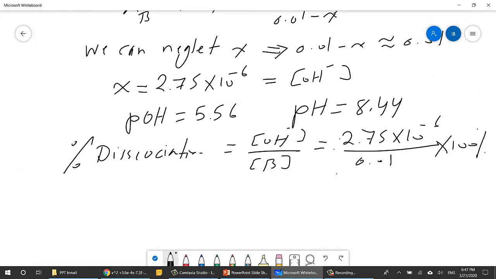If you divide this by this, it's going to be 0.027%. Or as the books say, it's 1/3600. So from 3,600 molecules, only one molecule is dissociating in this case.